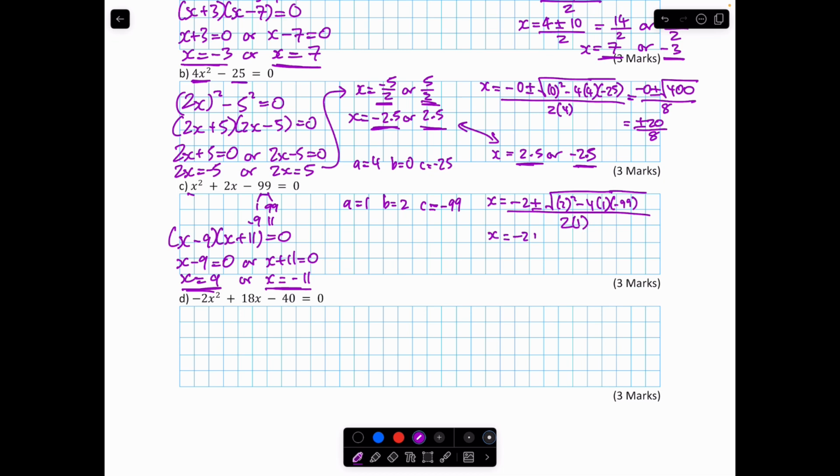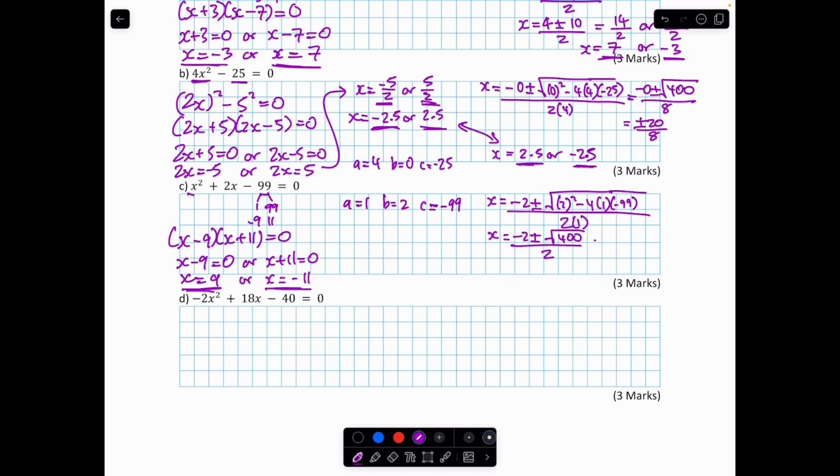Negative 2. Let's work out what was under the square root. 4 take negative 4 times 1 times negative 99, that's 396 plus 4, that's going to be square root of 400 again, over 2 times 1, which is 2.